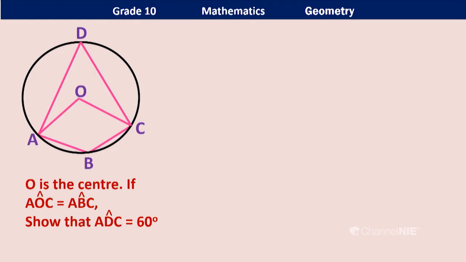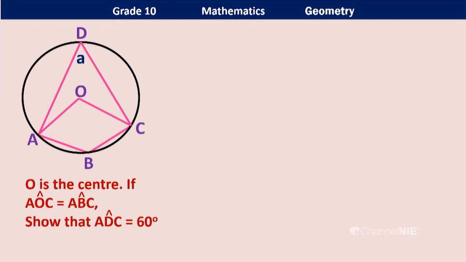Right. Once you look at this question, what can you observe? If I name the angle ADC as simple A, can you see a relationship between angle ADC and angle AOC?